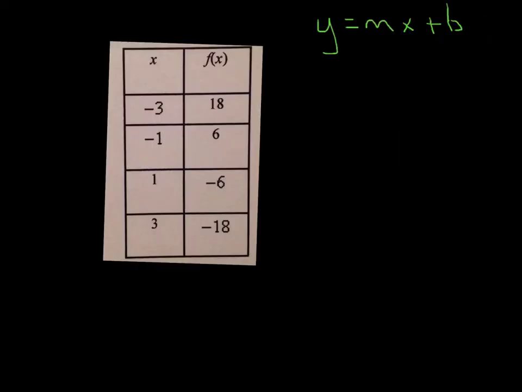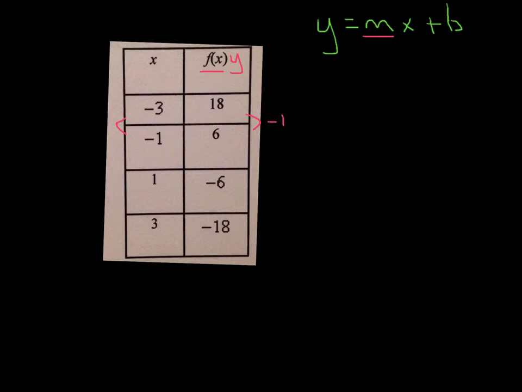Okay, in this example, it's a little trickier, not too bad. First, I just want to point out that you have f of x, function notation, which is no different than if this was just y. So let's first always look for the slope by finding the change in our y values and the change in our x values. Let's see, change in y values.